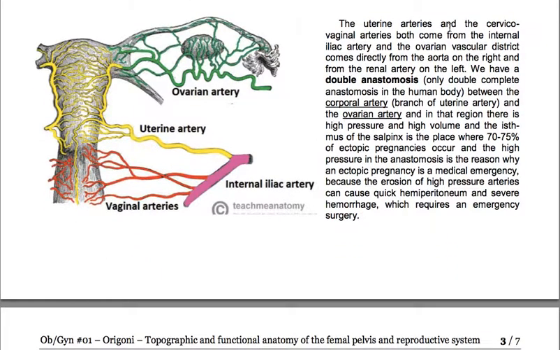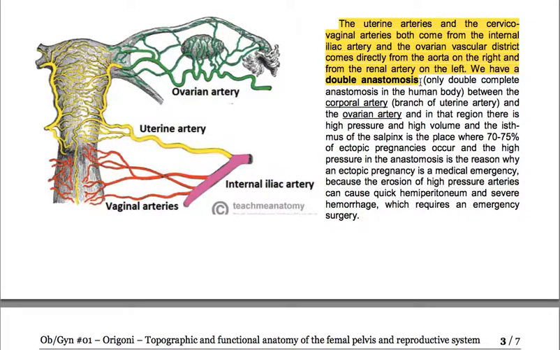The uterine arteries and the cervicovaginal arteries both come from the internal iliac artery. And the ovarian vascular district, which supplies the ovary and the fallopian tubes, comes directly from the aorta on the right and from the renal artery on the left.